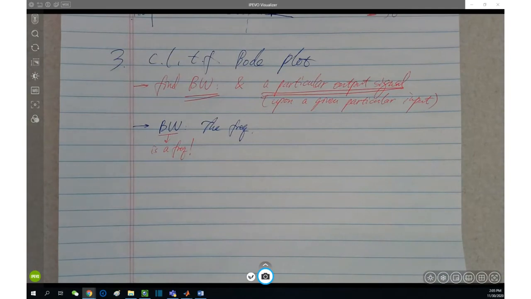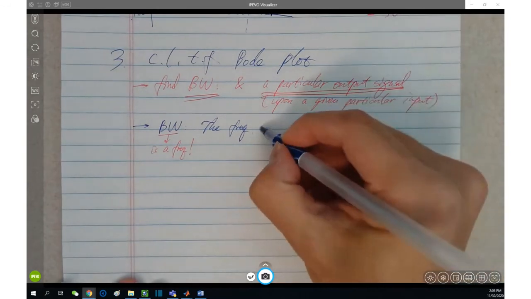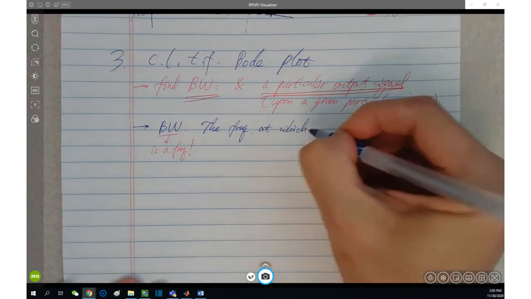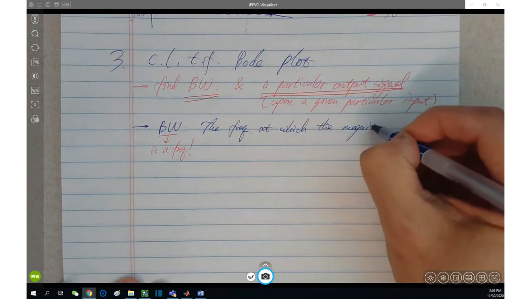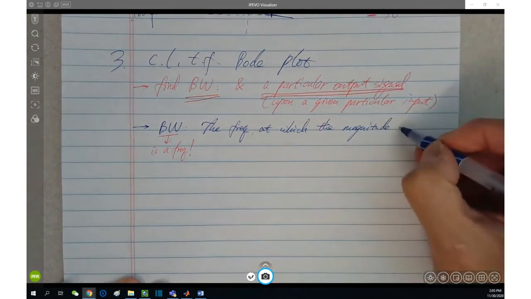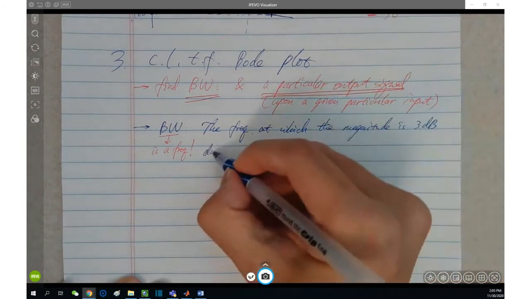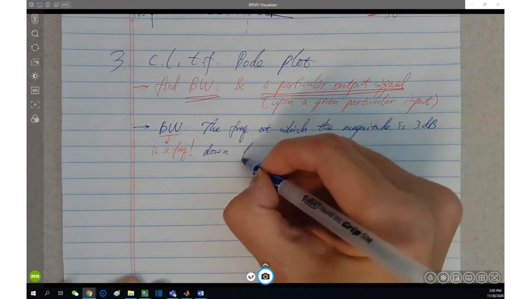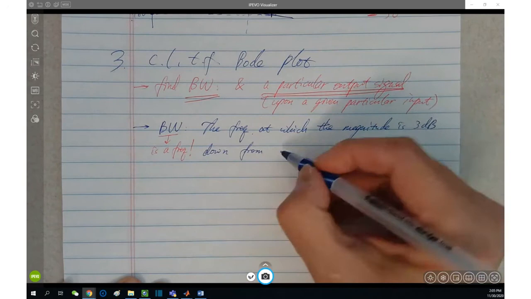That at least makes sense. If you end up with 50 dB or 50 degrees, definitely wrong. It's the frequency at which the magnitude is 3 dB down from 0 dB.